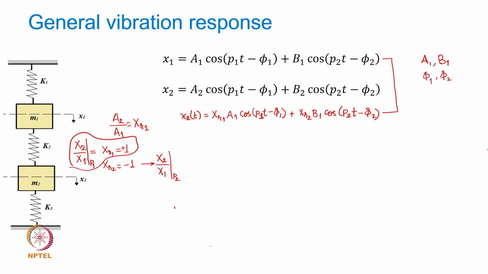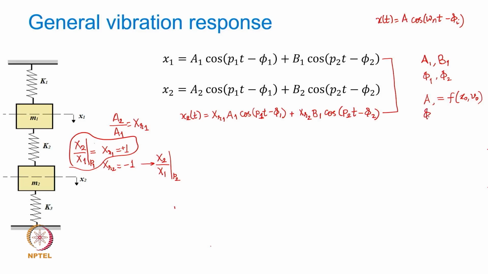And recall now the single degree of freedom system, where A1 was just A, the amplitude of the response, which we wrote as x(t) equal to A cos(omega n t minus phi). A was a function of the system parameters, but it is mainly a function of x naught and v naught, apart from the system parameters, which are captured in the natural frequency omega n.